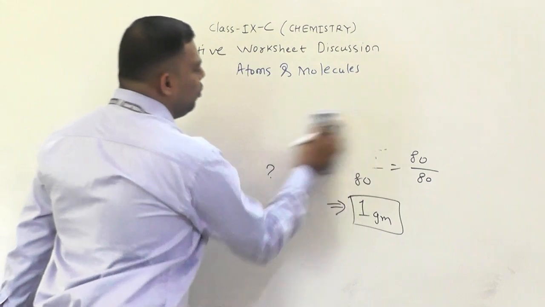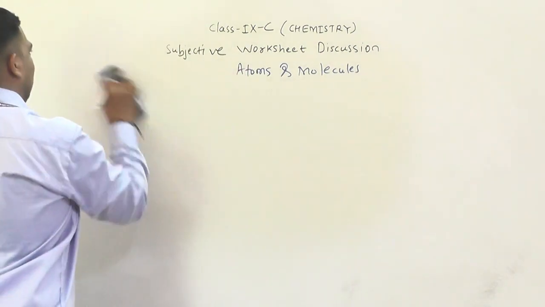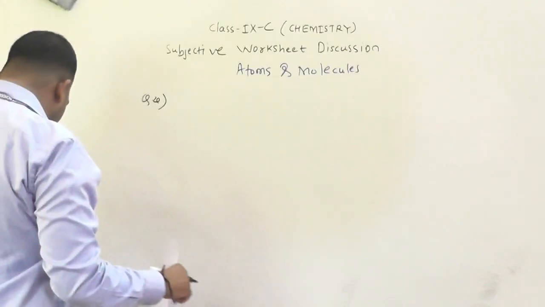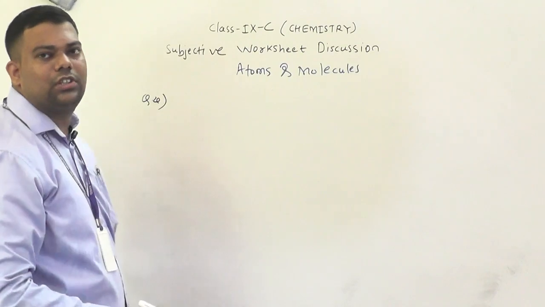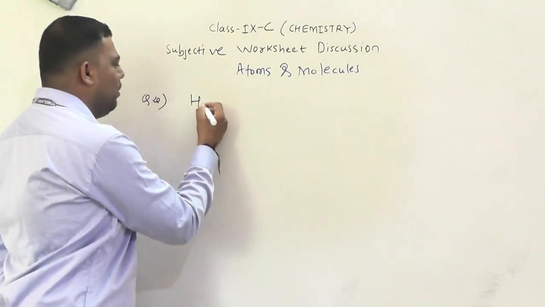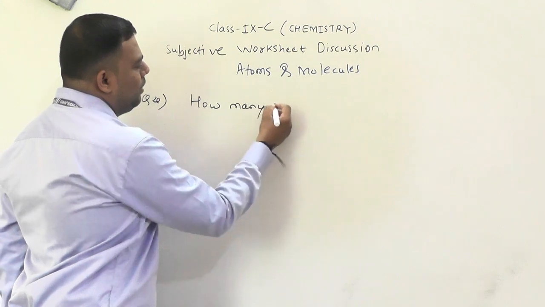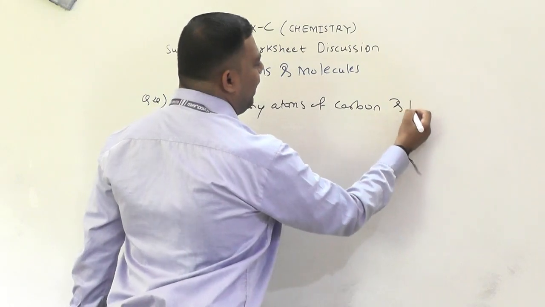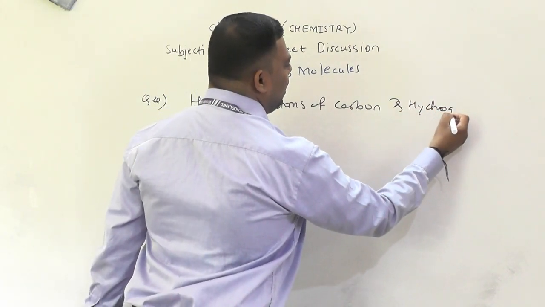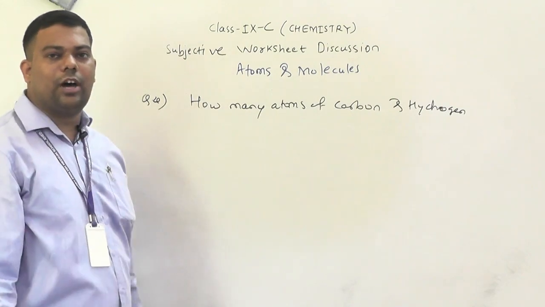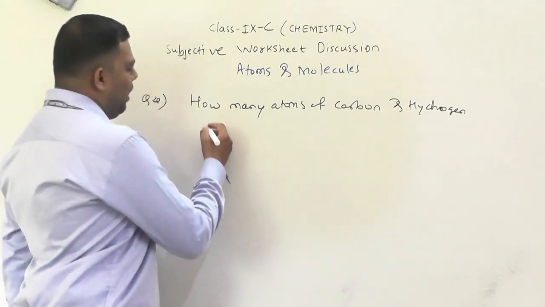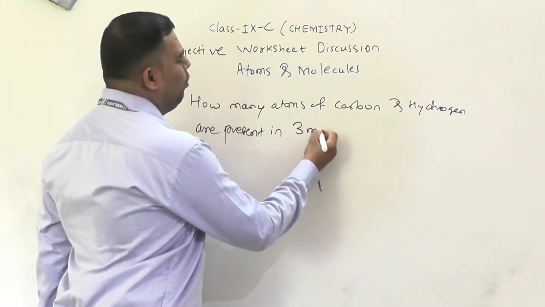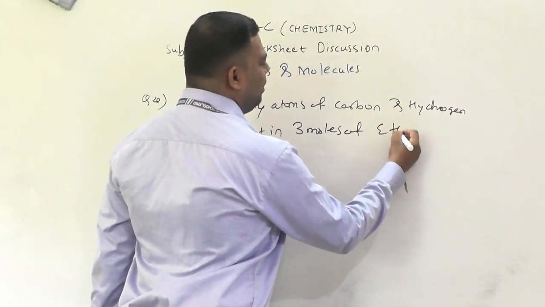Now see question number 4. How many atoms of carbon and hydrogen are present in 3 moles of ethane?